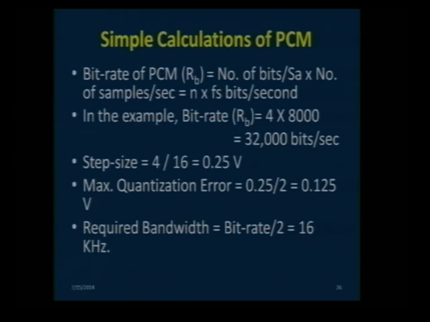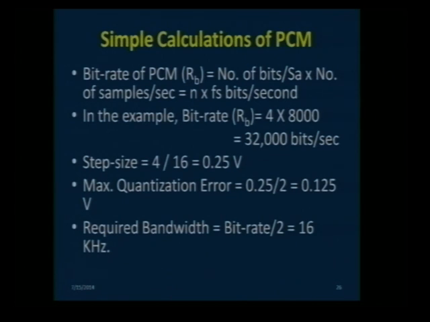Further, this is going to result in a particular rate, RB. One can see in this slide that RB is finally going to be N into Fs, that is 4 into 8,000.